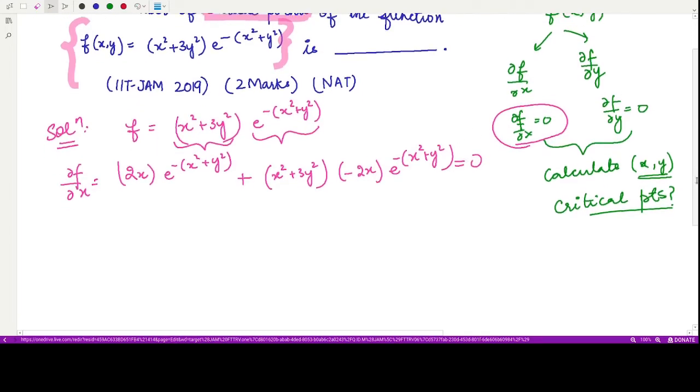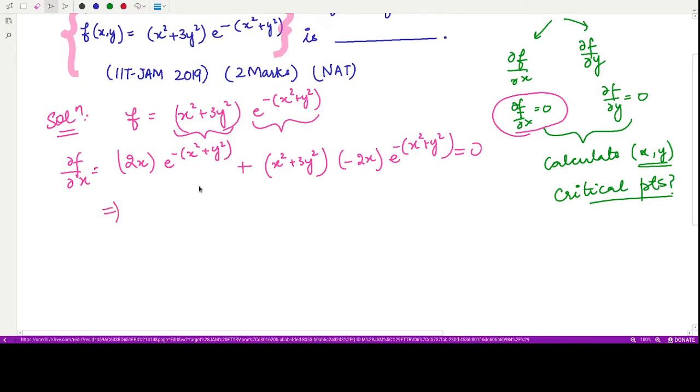Let me rearrange that. I can take the e to the power minus x square plus y square term as common, so I'll be left with 2x multiplied by x square plus 3y square minus 1 is equal to 0.